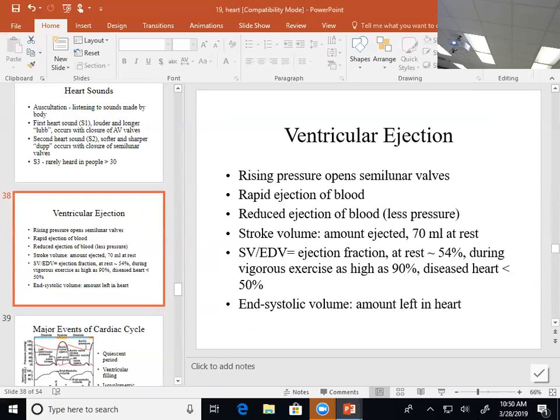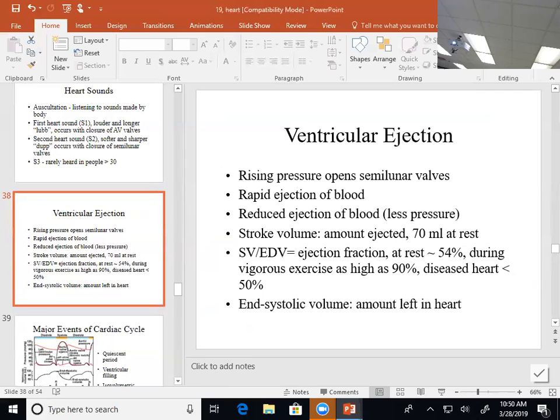Stroke volume is how much blood, literally in milliliters, is leaving the heart with each ventricular contraction. How much blood is being ejected? Then over a minute's time, that tells you what your cardiac output is.